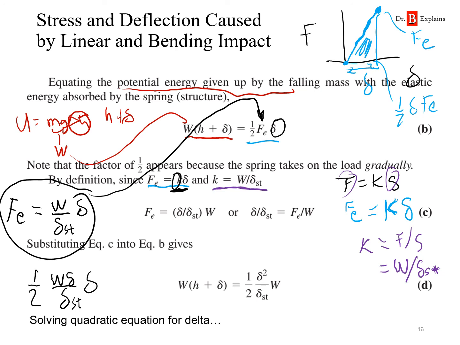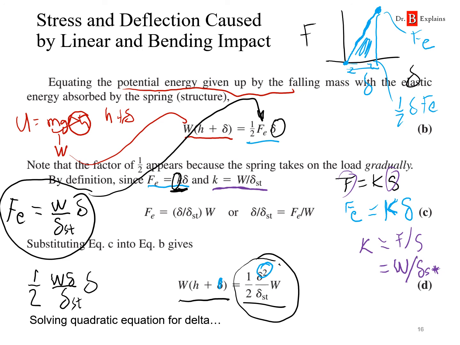It's going to give us this one over here, 1/2 delta squared W divided by the static deflection. So just a little bit of algebra to get over here. On this other side, we still have the potential energy. This is a quadratic equation for delta, because it's to the second power.